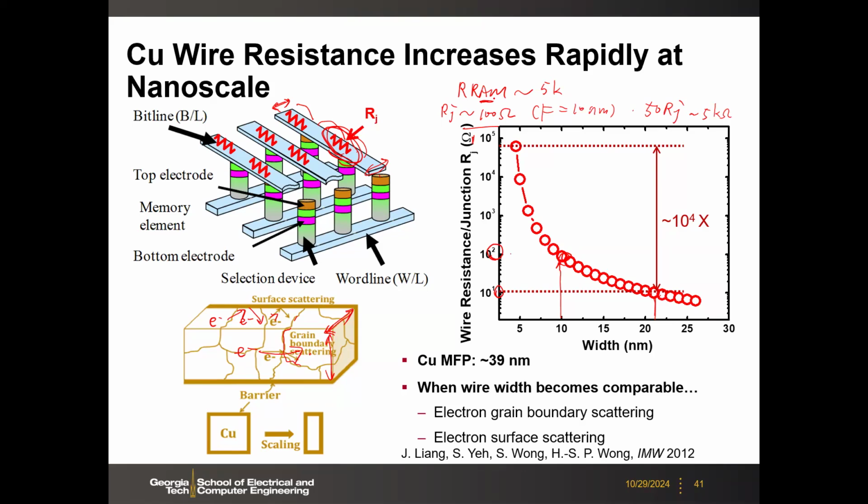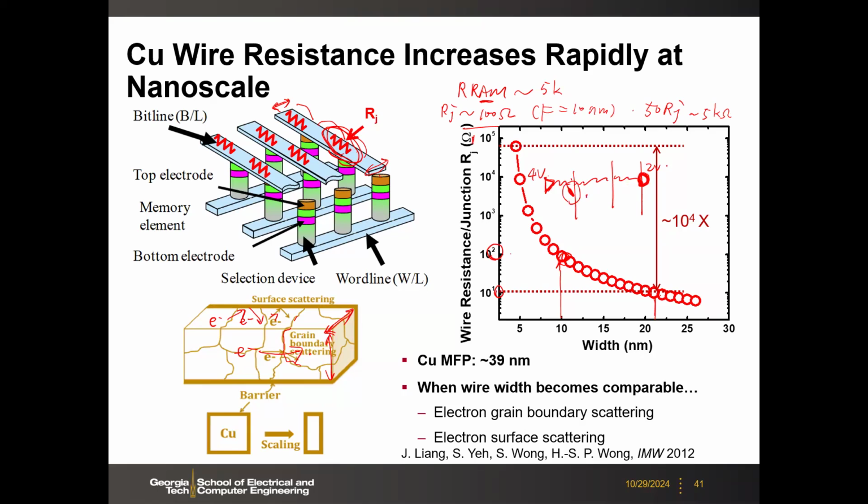But that is for the farthest cell, right? If you think about the problem, you have many wires. So you apply 4 volts here, and actually only 2 volts drop on the farthest cell. You can write this cell. But what will happen to the nearest cell next to the edge driver?